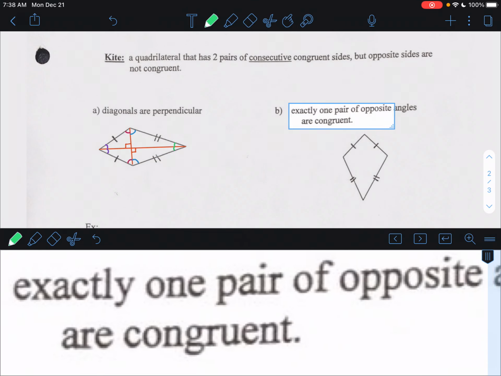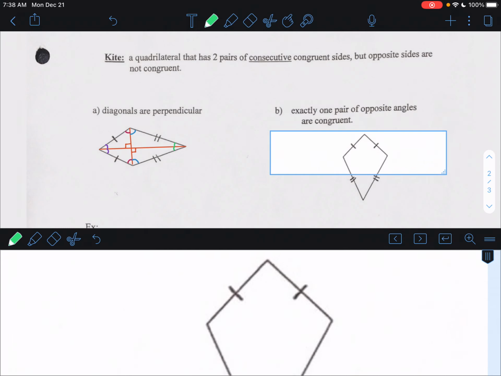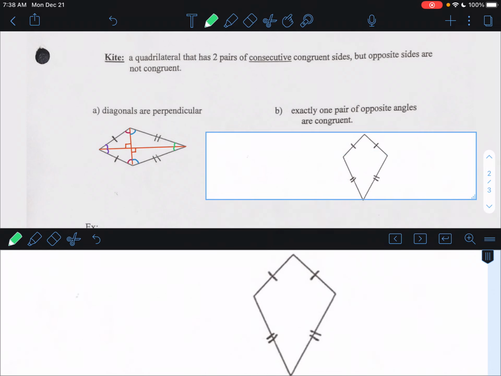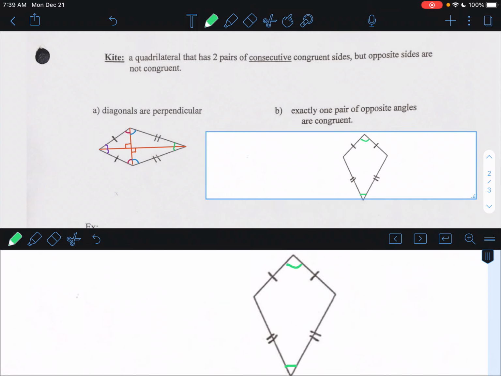All right, our second property of a kite is that exactly one pair of opposite angles are congruent. So, clearly, if we just look at this kite, I know that that angle at the bottom is not going to be congruent to this angle at the top because that one at the bottom is skinnier than the one at the top.